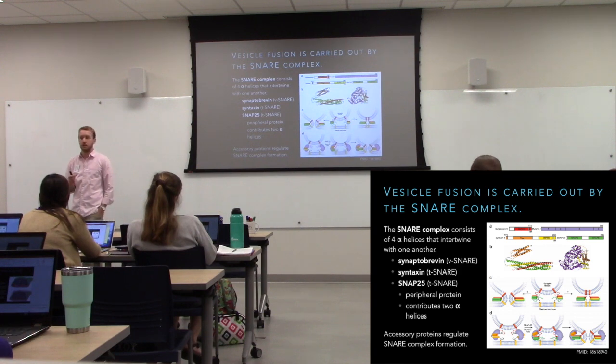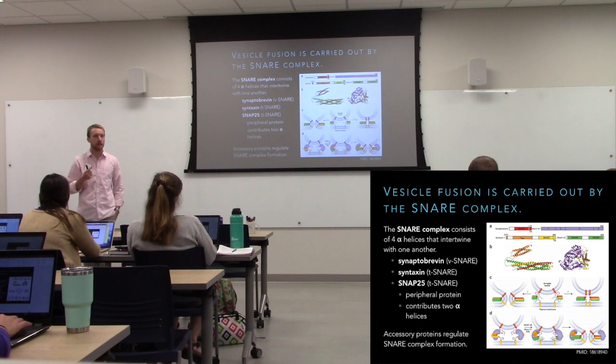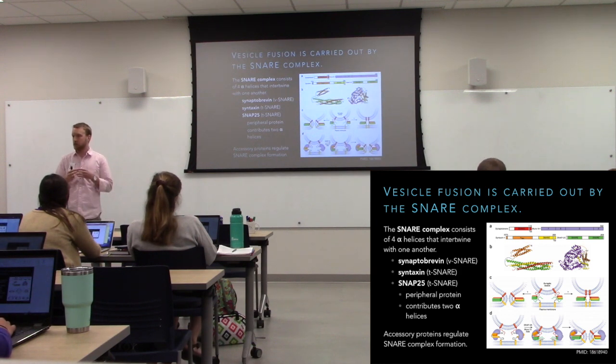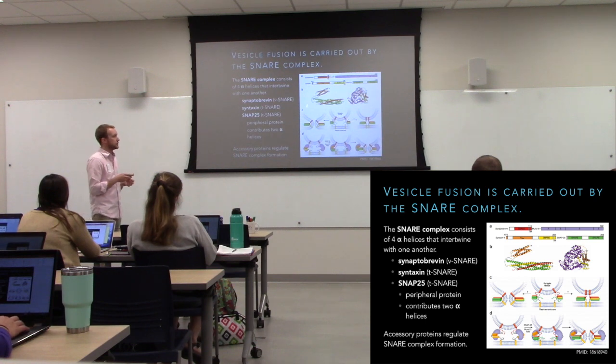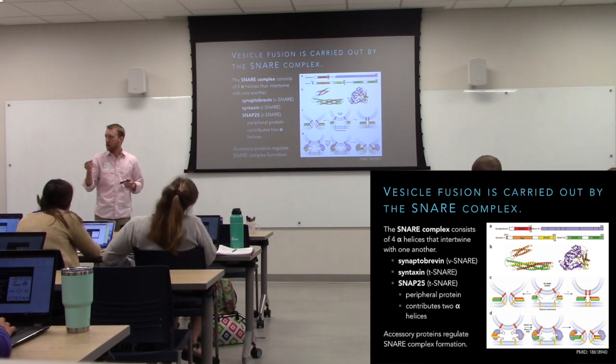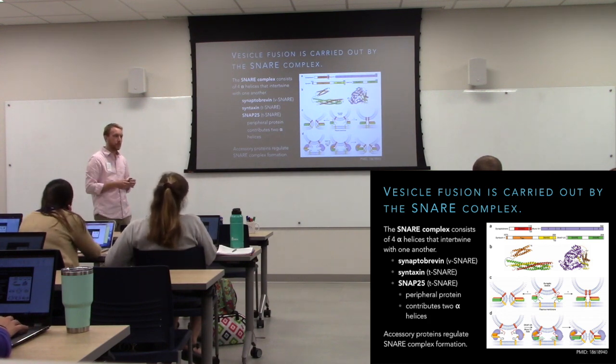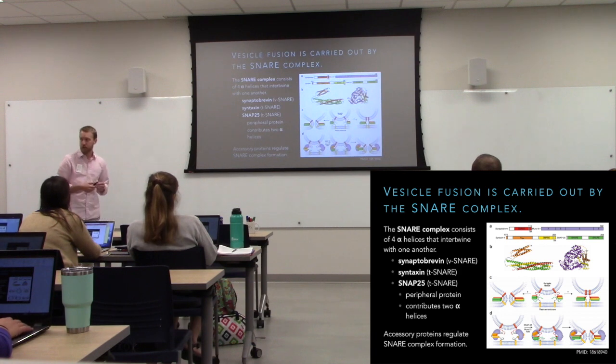They essentially trap each other, like you'd snare a rabbit if you're living in the wild or something like that. So they'll latch onto each other, and they're going to snare or latch onto the vesicle to hold it at some site, whether that be moving a vesicle through your endomembrane system or fusing a presynaptic vesicle with the membrane to allow neurotransmitter release. Same thing, just a different location in the cell.